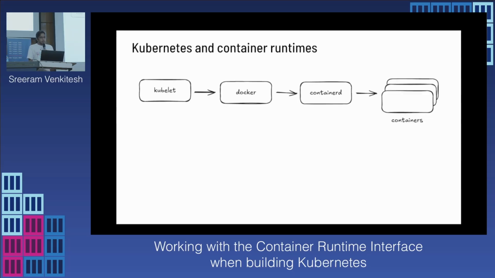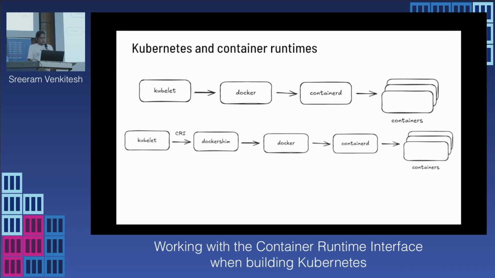So this was how it used to look in the past. Kubernetes had a lot of logic that was hard-coded to Docker, because Kubernetes was initially started with Docker, and Docker internally uses containerd to create the containers. But sometime after Kubernetes started getting popular, people wanted to use different container runtimes with Kubernetes other than Docker.